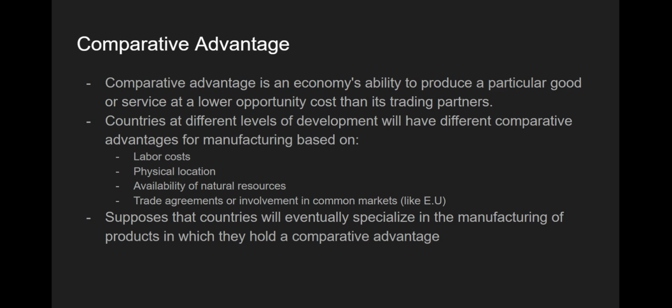Comparative advantage might also be a part of whether or not a country is involved in some sort of trade agreement or common market that allows them to trade goods or services at lower rates than they otherwise would. This carries the connotation that countries are eventually going to figure out what they're good at making, and specialize in the manufacturing of products in which they hold a comparative advantage. That's one way in which countries go through the process of development.